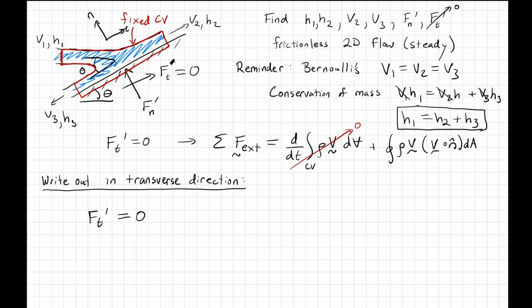But in this case, the pressure everywhere is atmospheric on all faces of our side, except maybe here. But those forces only act in the normal direction, so I won't worry about them. Along these locations, all of this is exposed to atmospheric pressure, so the pressures are 0 in gauge pressure and don't contribute. So the sum of the external forces in the transverse direction is 0 because it's a frictionless flow.